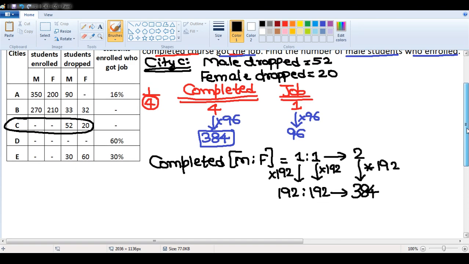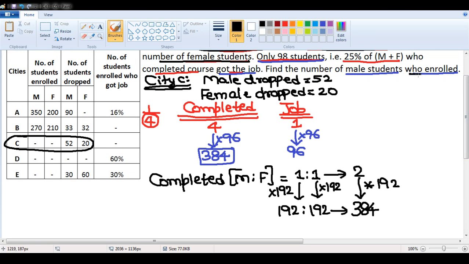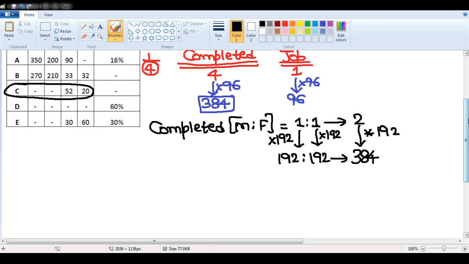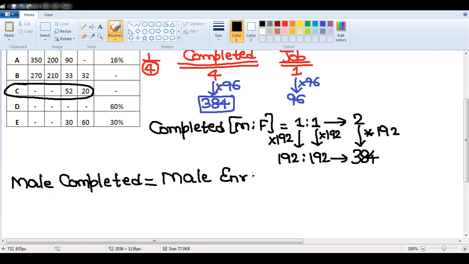But they are not asking how many male completed, how many male enrolled is the question. That means, the definition says that completed is nothing but enrolled minus dropped. So it is male enrolled minus male dropped, right? Can I fill all the values?